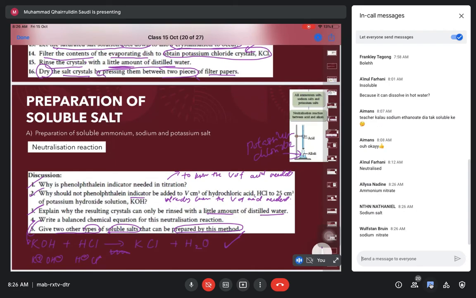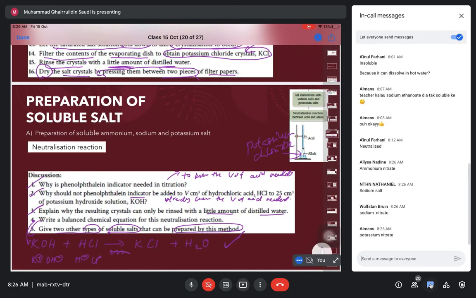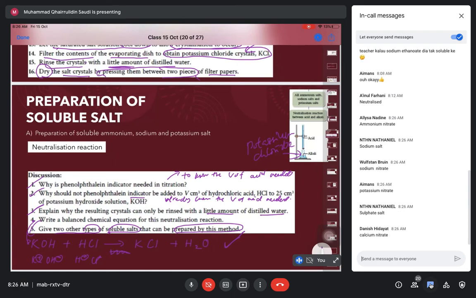Sodium nitrate, good. Potassium nitrate, good one. Nathaniel, I want the name of the salt, not the group or type of salt. Danish, calcium nitrate. Okay, Danish. Calcium nitrate, the cation is calcium. So not in this, it is not an anak salt.